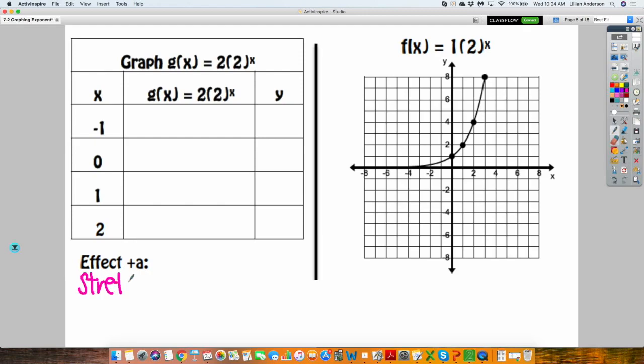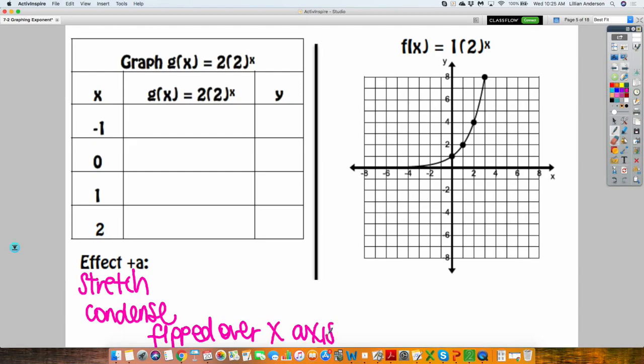The A can also cause your graph to flip over the x-axis. And if it flips over the x-axis, that means it's going to look like this, okay? So the A can either stretch it, condense it, or make it flip over the x-axis. Those are the different effects of A.